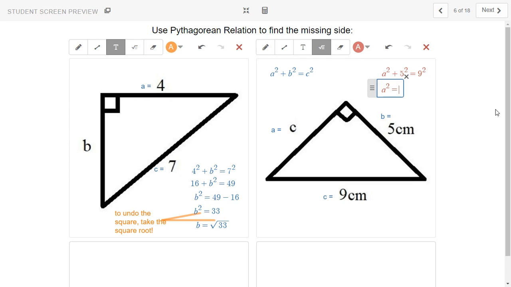A squared is equal to 81 minus 25. A squared is equal to 56. And we are going to undo it by taking the square root. And we have the square root of 56.